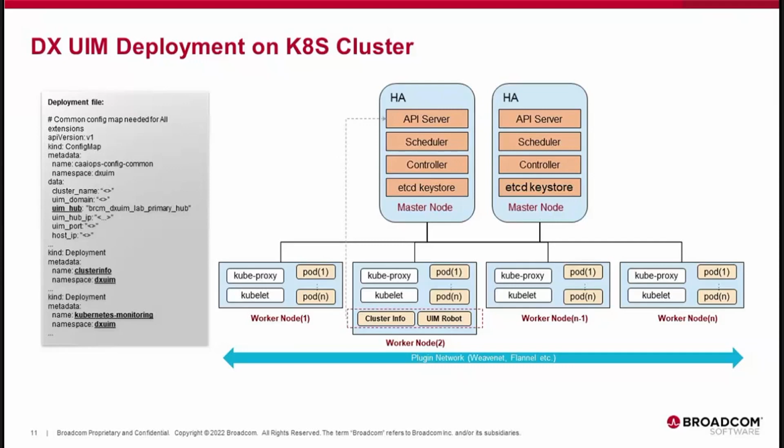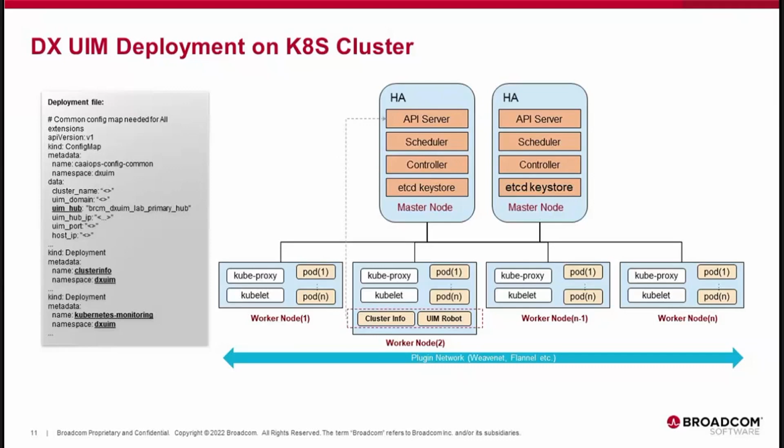And the second one, the Kubernetes monitoring within this deployment file, is an optional container image. Say the requirement is to monitor the Kubernetes environment from a robot which is installed outside the Kubernetes cluster. In that case, we really don't require a robot running as a container in any of the Kubernetes worker nodes or in the master node itself.